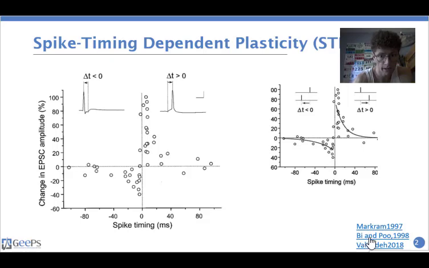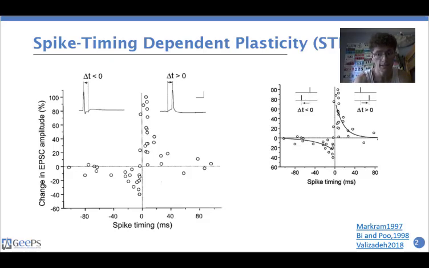Bi and Poo in 1998 enhanced the proposition, and by recording rat hippocampal neurons, they demonstrated that the relative timing between presynaptic and postsynaptic spiking determines the direction and the extent of the synaptic changes.